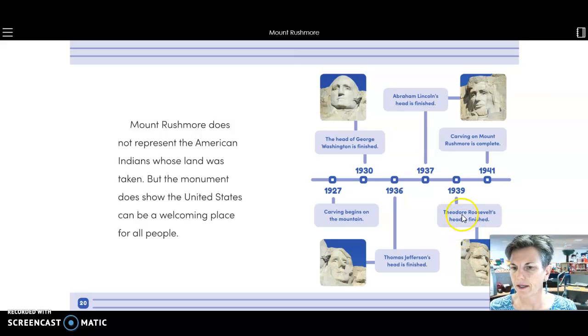Okay, and then in 1939, that's when President Roosevelt's head was finished, and that took 2 years, right, math brains? Okay. And then in 1941, they said all the carving on Mount Rushmore is complete. Okay, very interesting, right?